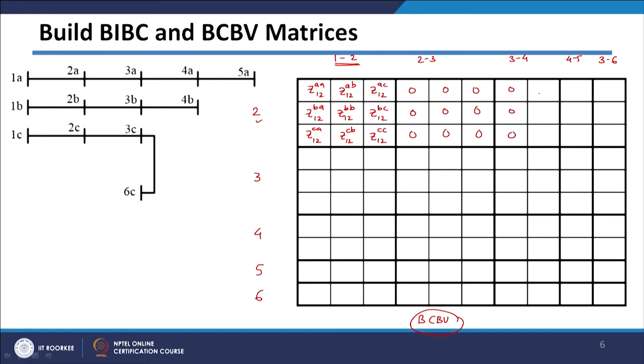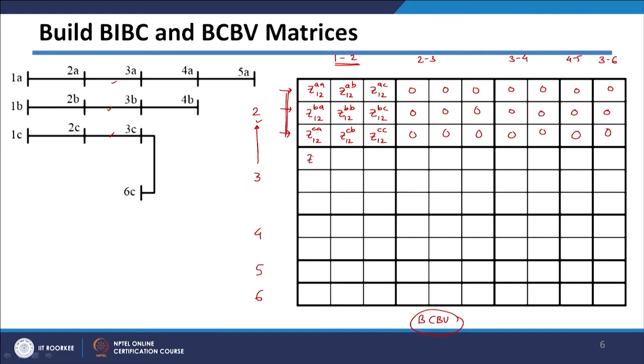entries will be 0. Now, similar to your BIBC matrix, we need to see the connections. So, here there is a connection between 2 and 3, which is basically this, and all the 3 phases are existing. So, copy the rows corresponding to 2, since there is a connection between 2 and 3, and put them at 3. In this case we do not need to drop any phases.